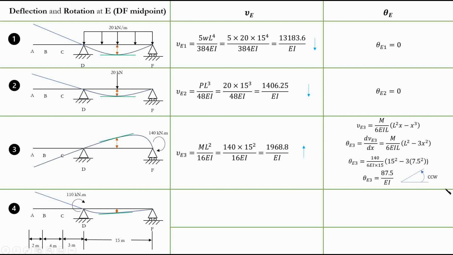Now, we're basically going to do the same thing for case 4, right? In case 4, you can see again that the same equation applies because we have the same moment, and ML squared over 16EI, with 110 being our constant moment value. 15 squared over 16EI is going to be this value, and this value is downward. Why? We see it from the elastic curve, right?